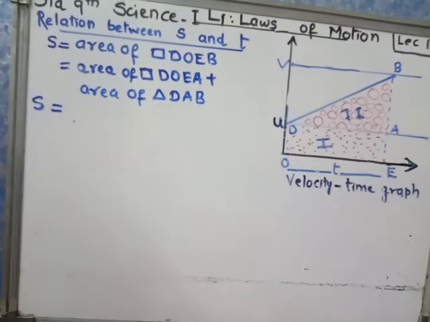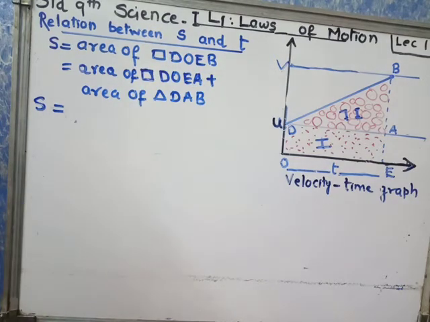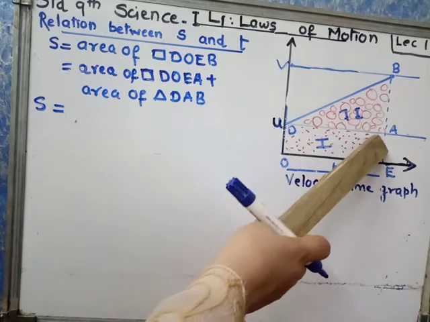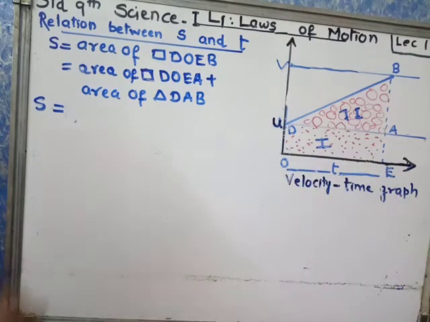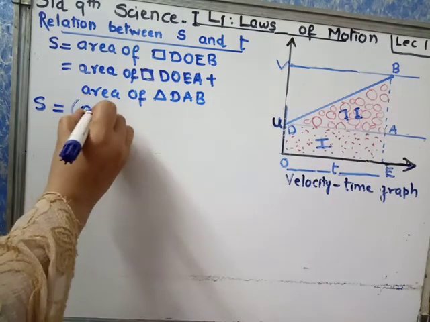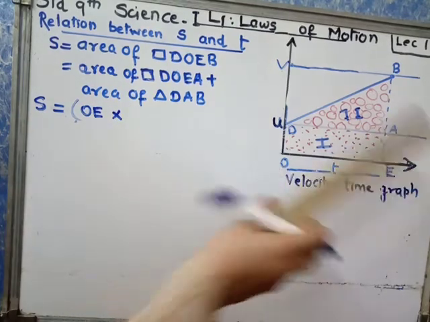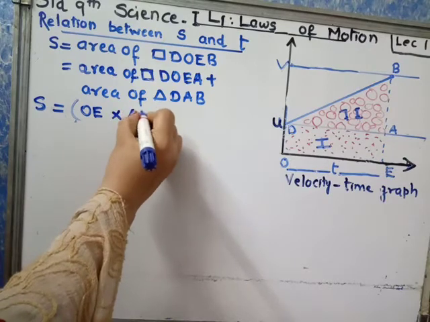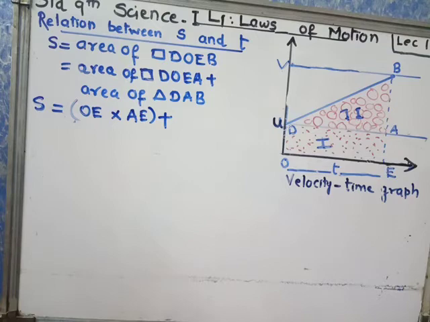Now this first diagram DOEA is a rectangle, so the area of this rectangle is length into breadth. Here in this diagram, the length of this rectangle is OE multiplied by breadth, that is AE, plus area of the triangle.